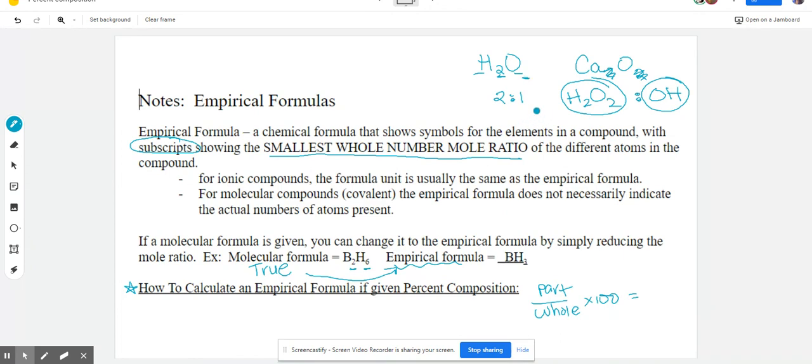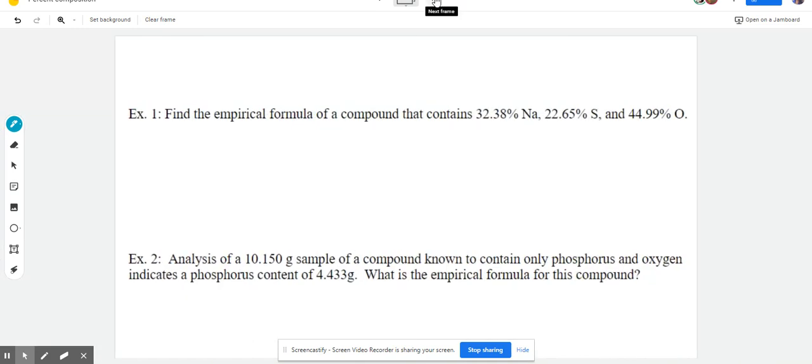Because we can do percent by mass in the lab. How do we take those percents and now find this empirical formula? Which then tomorrow you guys will learn that we can take that empirical formula and turn it into a molecular formula. So it's all connected. So today our goal is just empirical formula. All right, so let's get started.